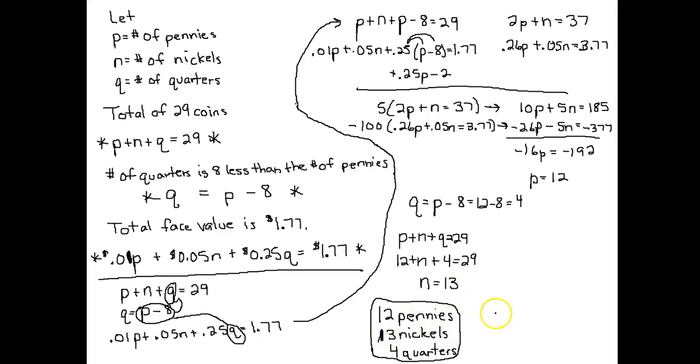And if you add them up, you got 12 cents plus, let's see, 5 times 13 is 65 cents plus $1. You add all that up and you get $1.77.